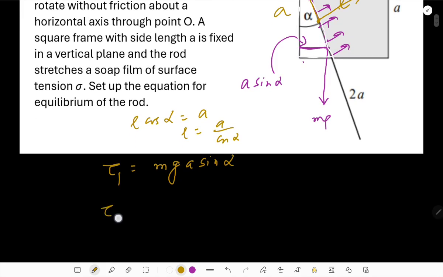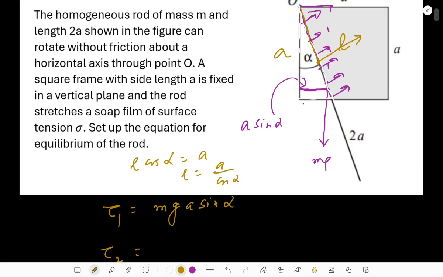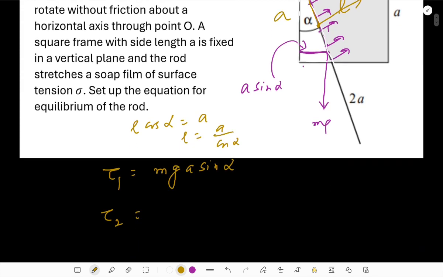and the torque of the force of surface tension: the force is simply sigma L, because its length is L. So the force of surface tension can be simply written as sigma L, and its moment arm is L by 2.